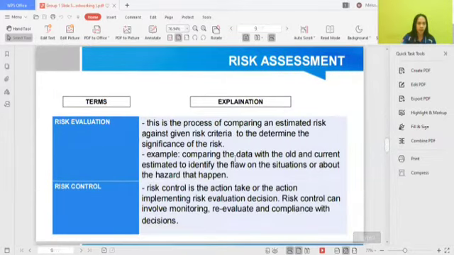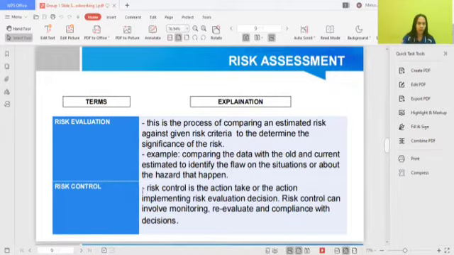And second is risk evaluation. This is the process of comparing the estimated risk against given risk criteria to determine the significance of the risk. For example, comparing the data with the old and current estimates to identify the flaw in the situation or about the hazard that happens.